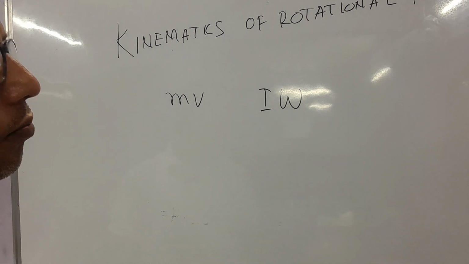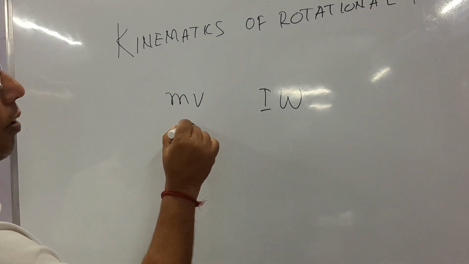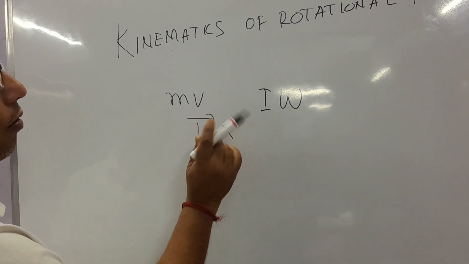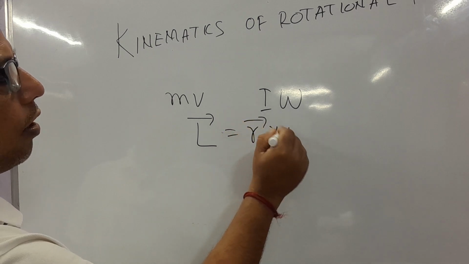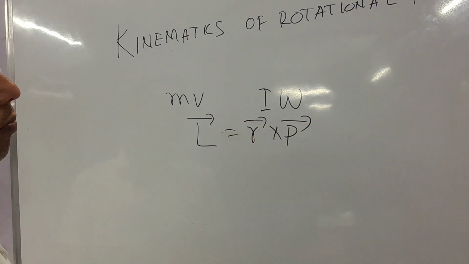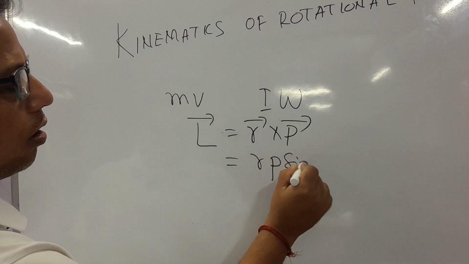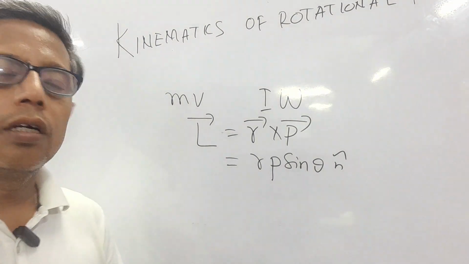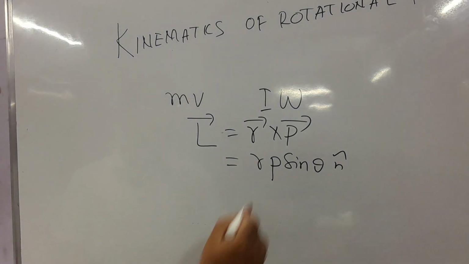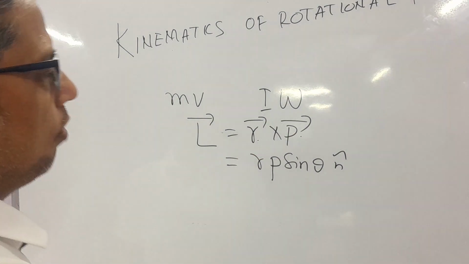The angular momentum symbol is L, which equals r cross p, or you can say r p sin theta. Angular momentum is a vector quantity, p is the linear momentum, and r is the position vector.